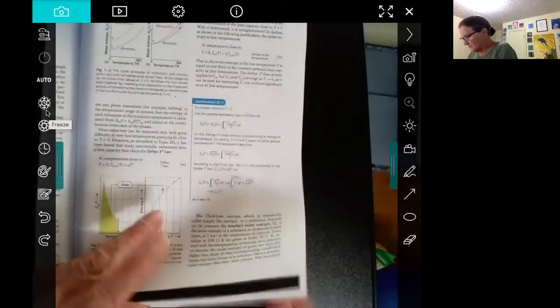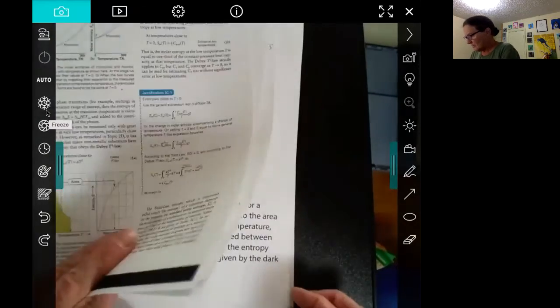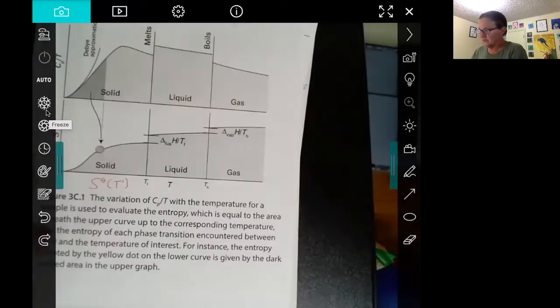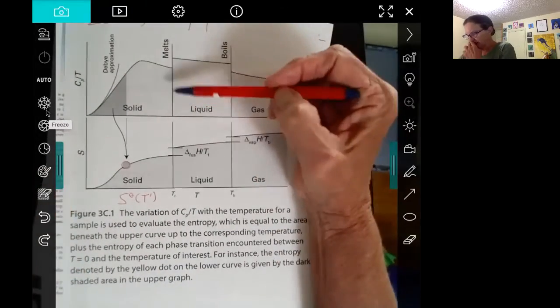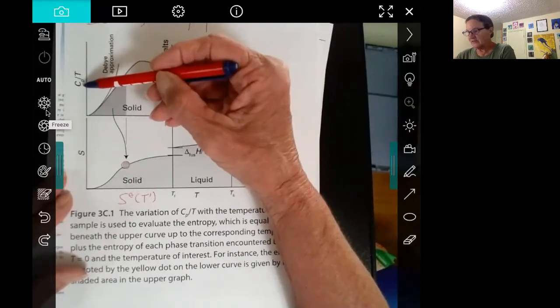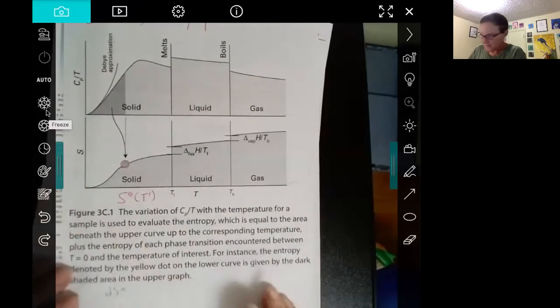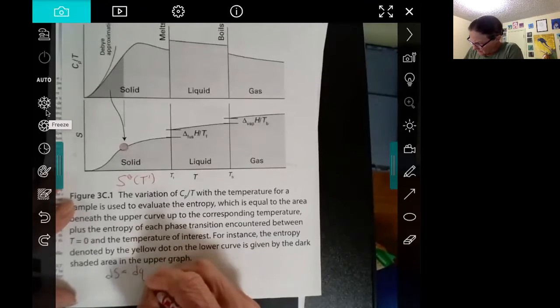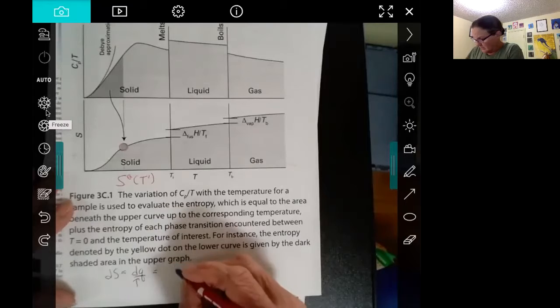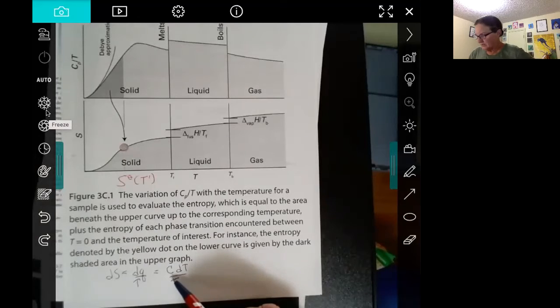When you think about how that works, if it's 0 at T equals 0, then if we measure the heat capacity as a function of temperature, temperature is going up as you go from the left to the right, and on this top graph, we're graphing Cp over T versus T. So we know that dS equals dq over T, and dq can usually be written as C dT, at constant pressure or constant volume depending on where you're at.